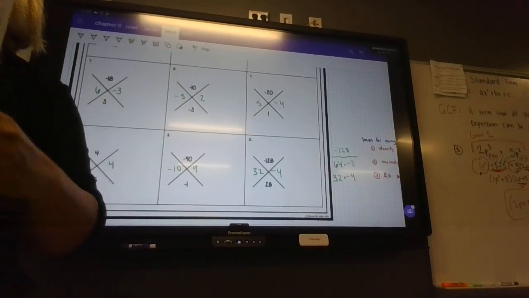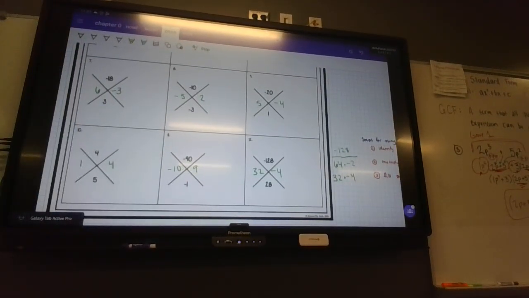And I'm going to trade you out. All right, I'll trade you a complete tricolored paper for notes. All right, a complete 3-colored paper for notes. I'll trade you. Thank you. Oh, nice.